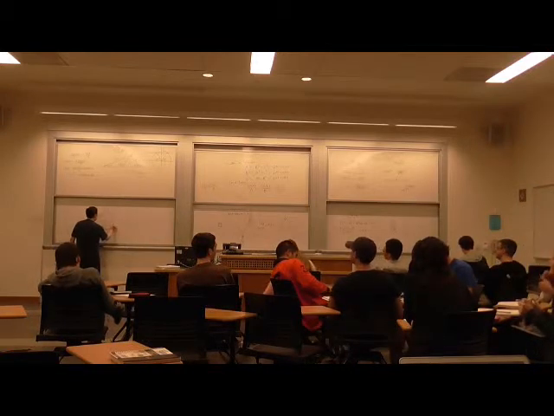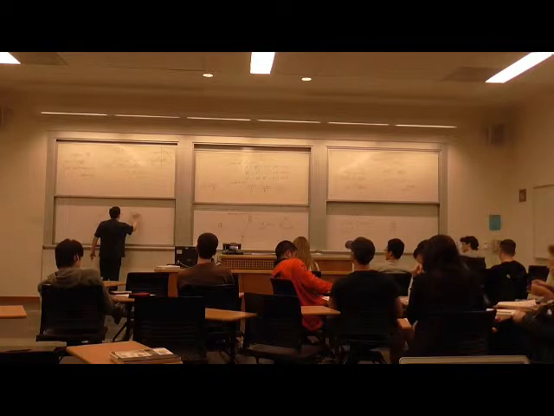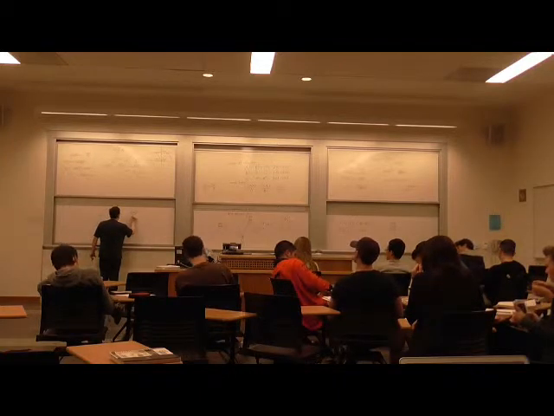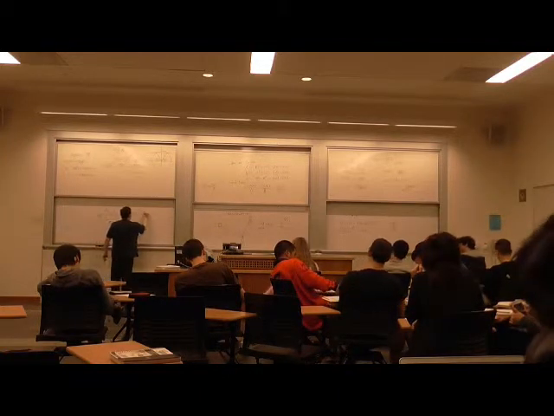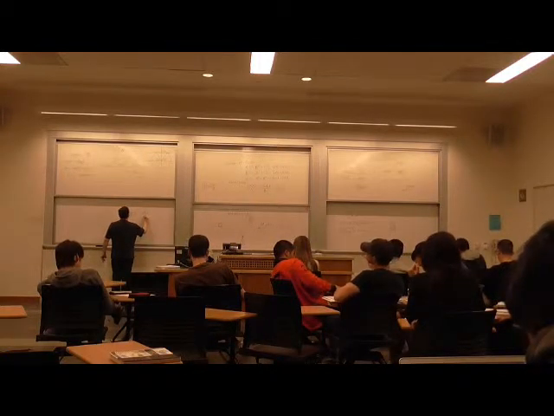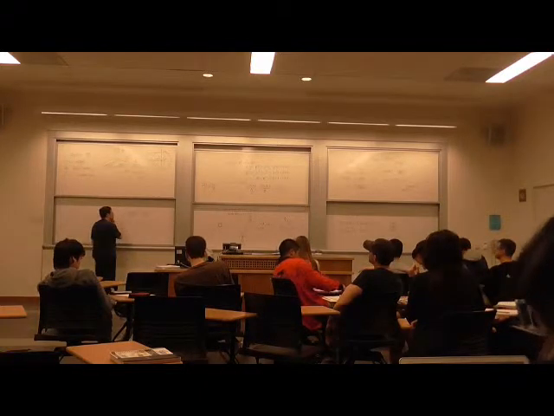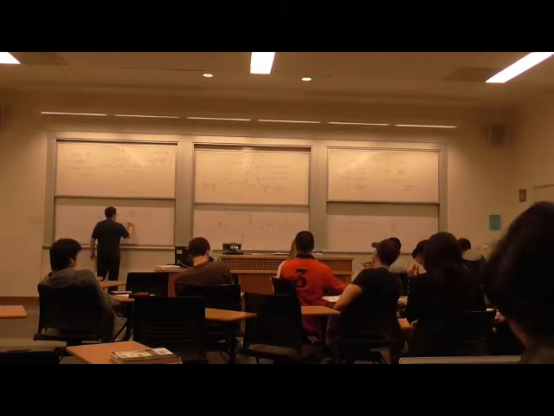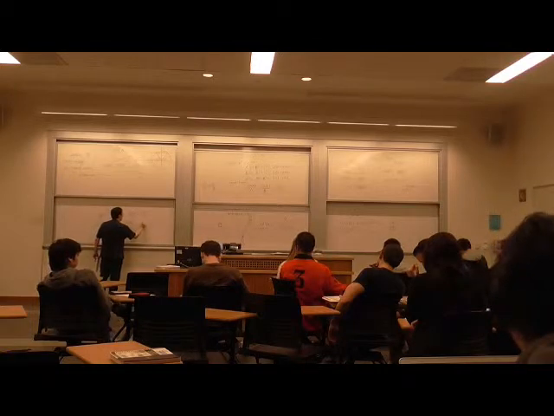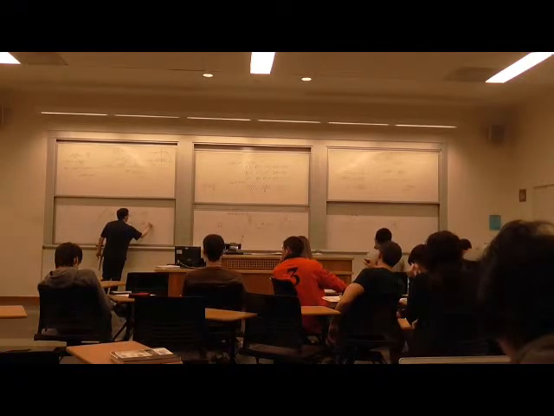So, sine of 73 degrees over 54 equals sine of x over 63. Okay, so sine of x equals 63 over 54 times sine of 73.